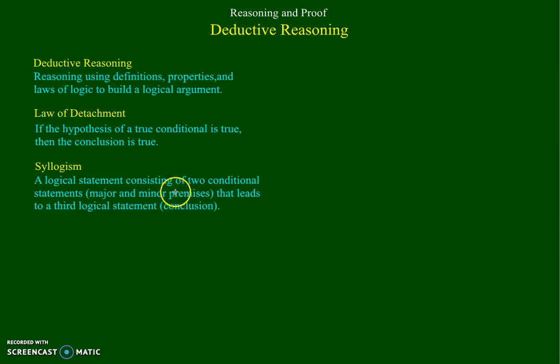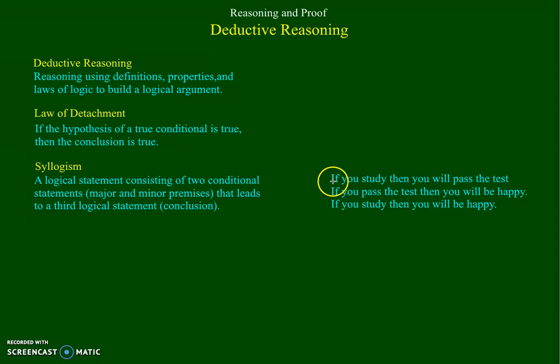Now, this may sound complicated, but when I give you an example, it'll be really, really straightforward. In this example, if you study, then you will pass the test. If you pass the test, then you will be happy. Therefore, if you study, then you will be happy. So you can see that this is the major premise, this is the minor premise, and this statement followed by this statement leads us to the third statement.